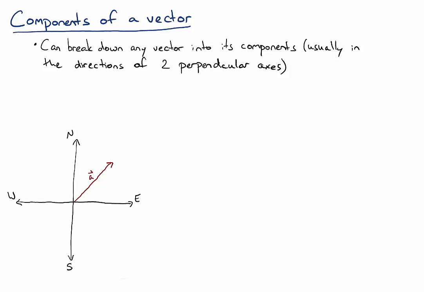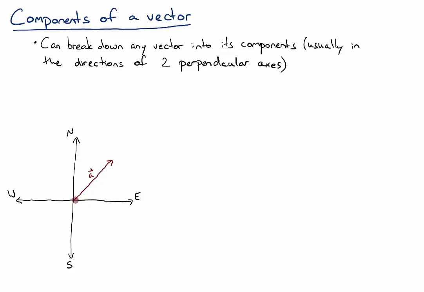You can see that although the motion is in this direction to the northeast, part of that motion is going to the east and part of that motion is taking the object north. So the object is traveling north as well as east, and we can break that down and look at that mathematically.